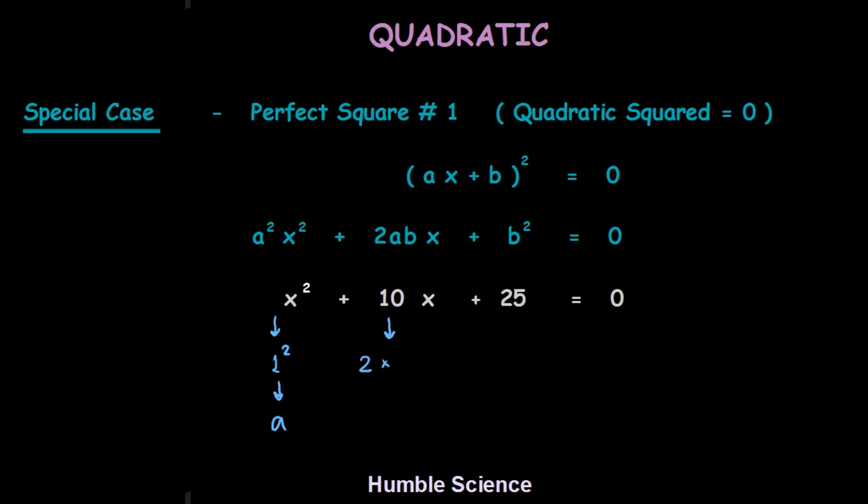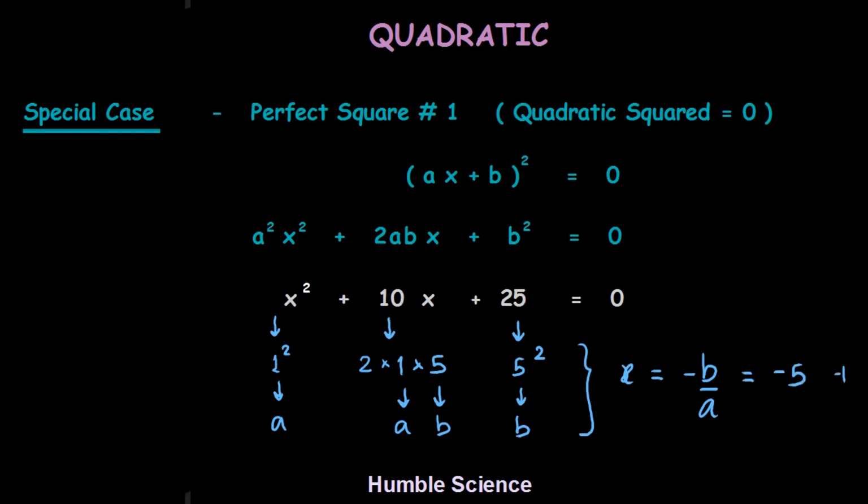It means 2 times 1 times 5. So a is equal to 1, b is equal to 5. And the third term, 25, is 5 squared. That means b is equal to 5. Once we notice that, we will know that x is equal to minus b over a. So the answer is going to be minus 5.